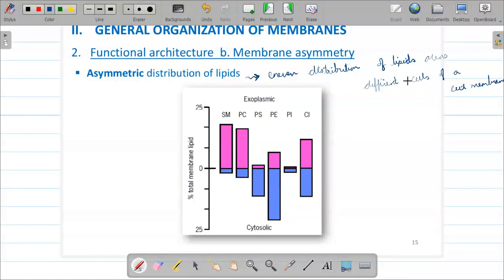This is called asymmetrical distribution of lipids.